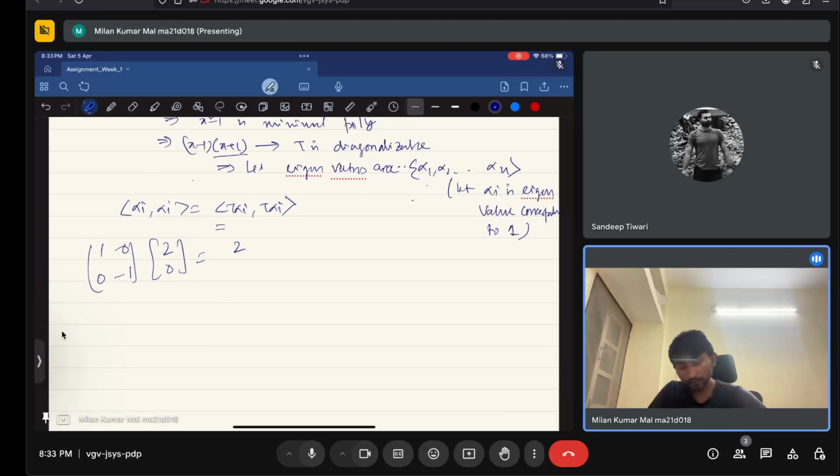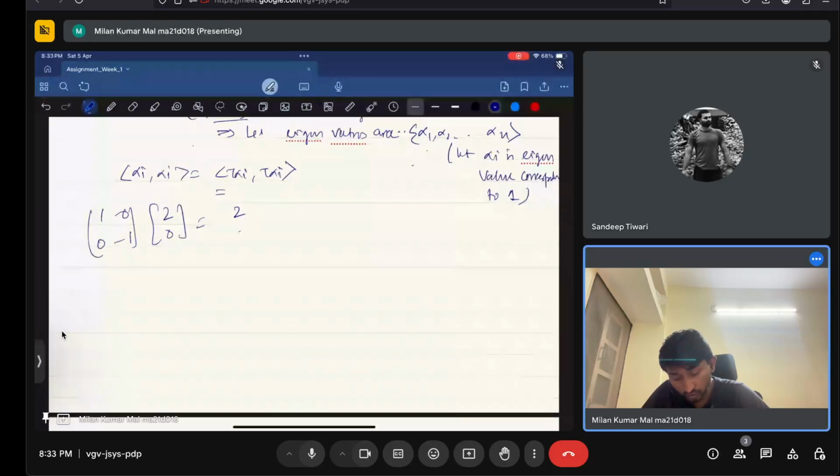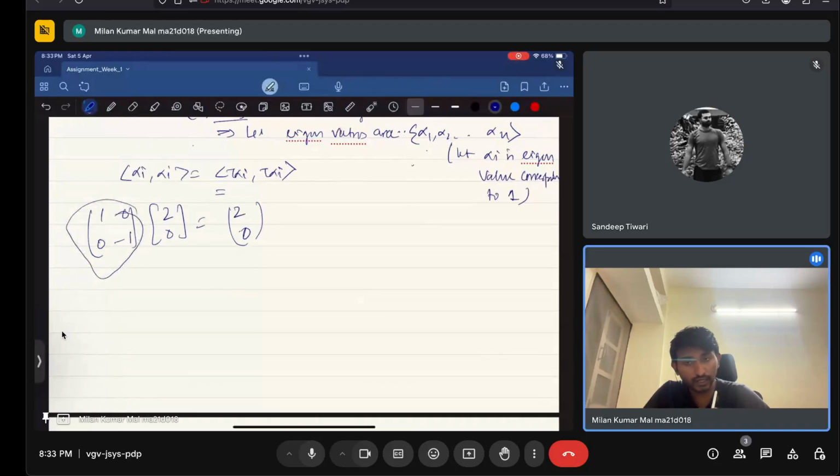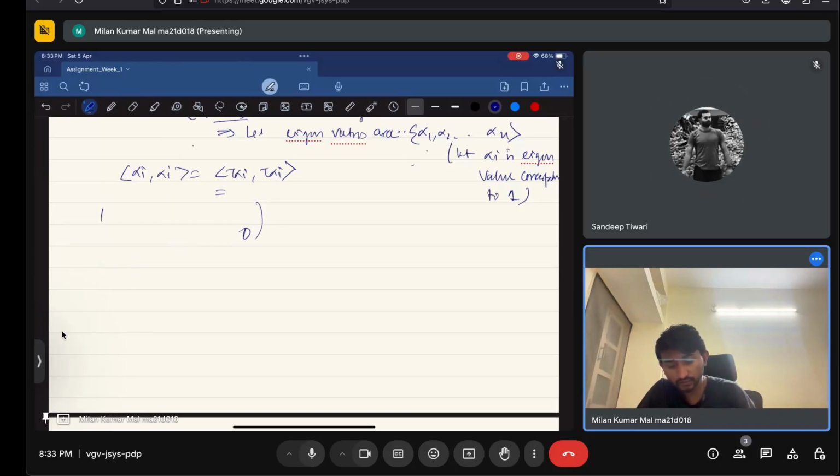I think this is the wrong option, that's why I was confused. This is the matrix which satisfies all the other conditions: it is self adjoint, T star T is equal to identity, it is a unitary operator, everything is there. But this is not orthonormal, it does not have norm 1, right? So in that way this is not correct. Got it?